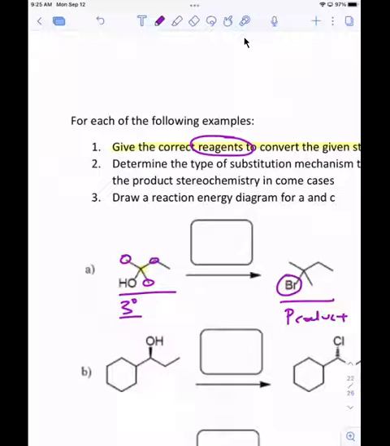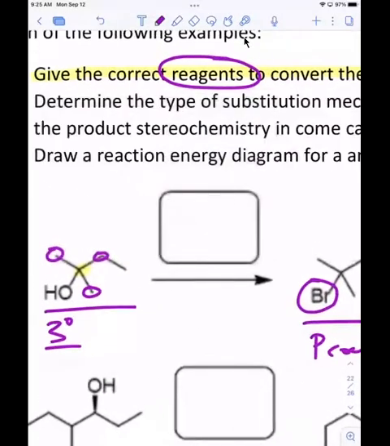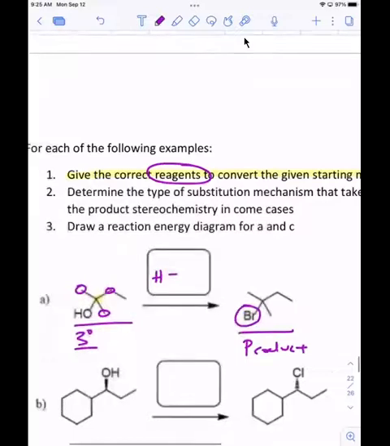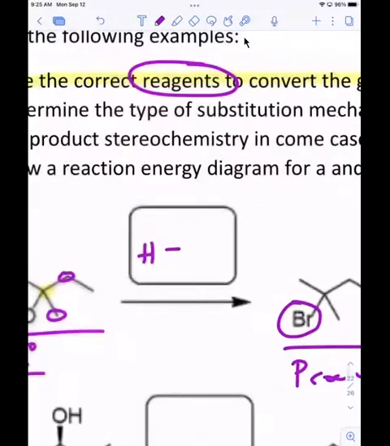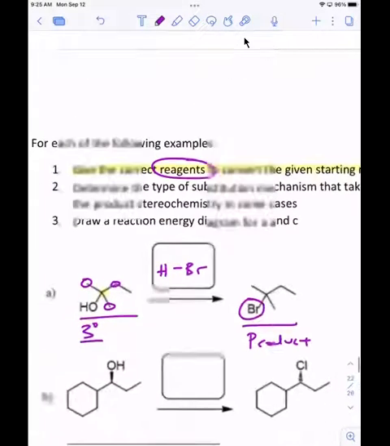The alcohol didn't just get turned into a random halogen. It's a bromine. So what acid am I using? HBr. Right, that's what I'm using.